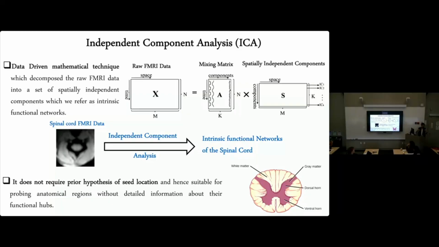I can talk more about the mechanisms at the end of the talk if people are interested. Most importantly, it does not require any assumption regarding the location of the functional regions in the spinal cord, so we can do a data-driven process for spinal cord functional network analysis.